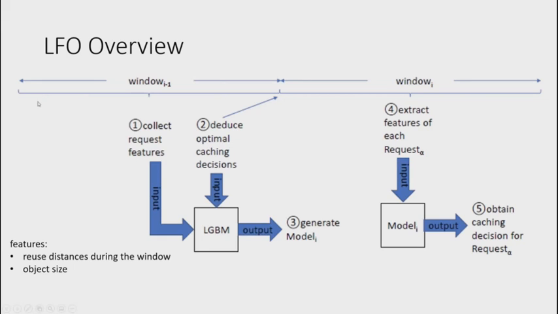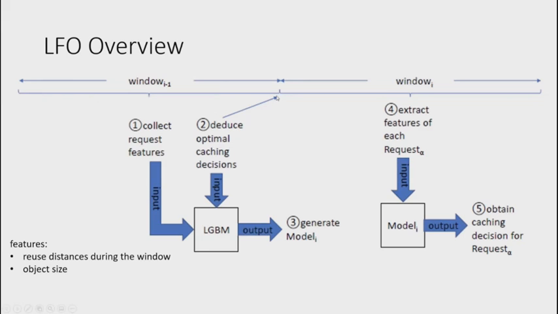So during a time window, as object requests are coming in, LFO collects the request features in terms of the reuse distance of the requested objects, as well as the sizes of those objects.